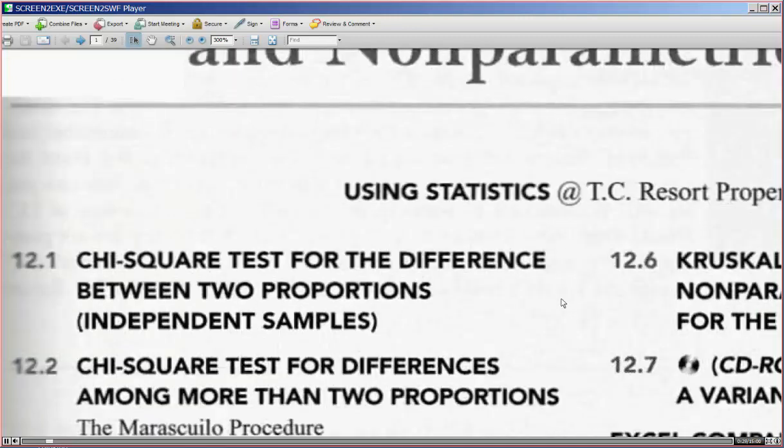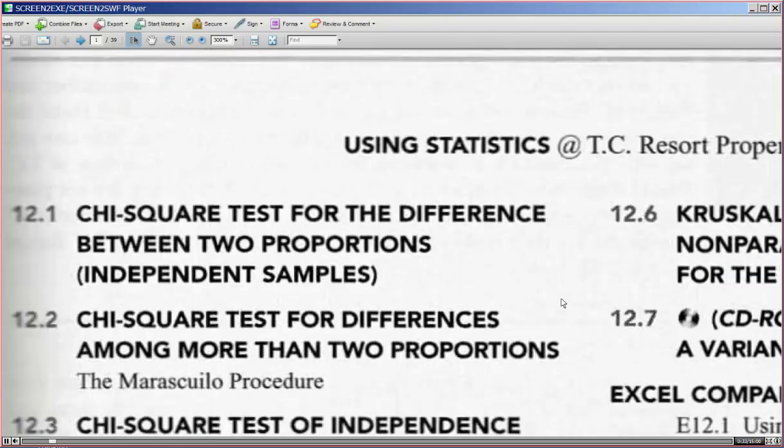Okay, these are the rubrics covered in chapter 12. Chi-square tests for the difference between two proportions, independent samples. This title reminds us there are different types of chi-square tests, and we'll go on the internet to remind ourselves about other types.